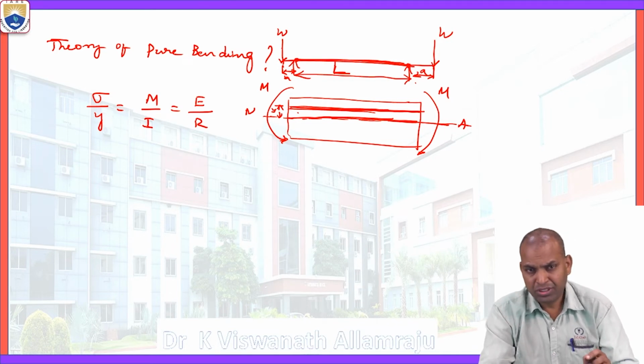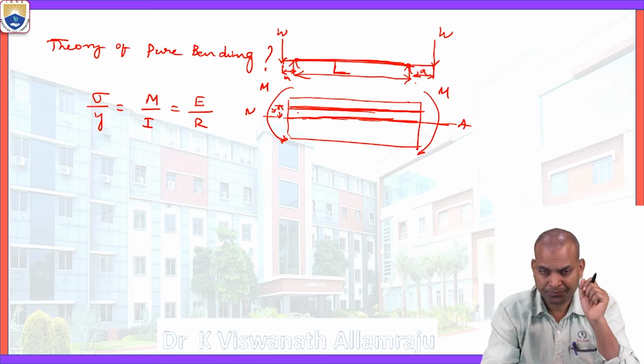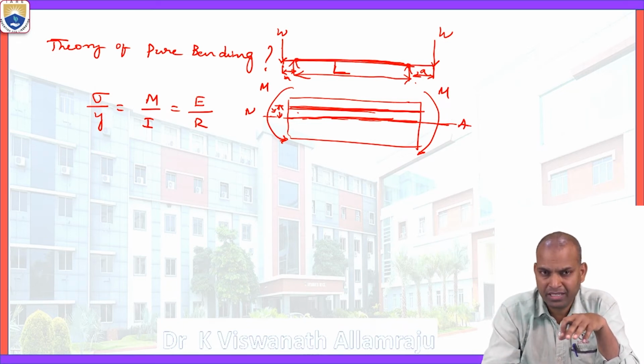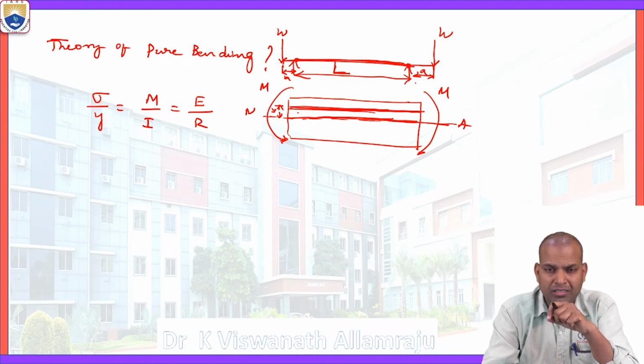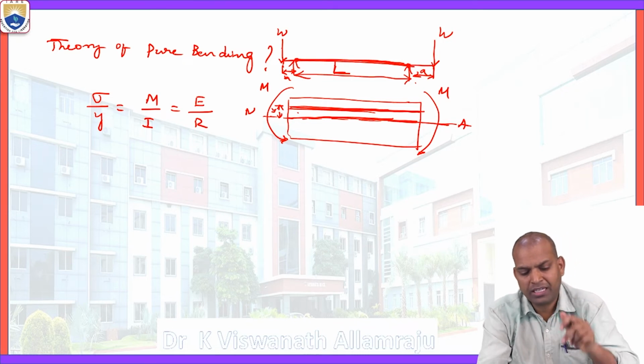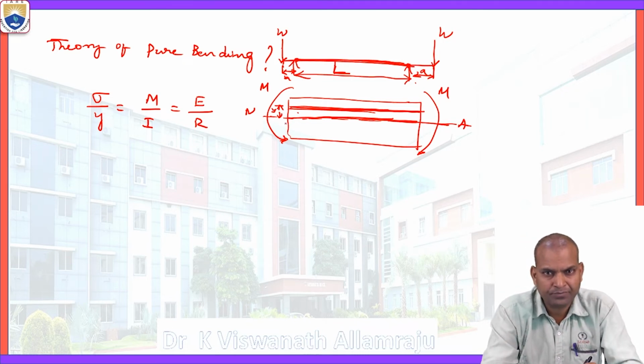But we have to investigate the characteristics of the bending stress variation over the cross section of the beam, and we have to constrain the shear force and buckling. So we take the concept of pure bending.